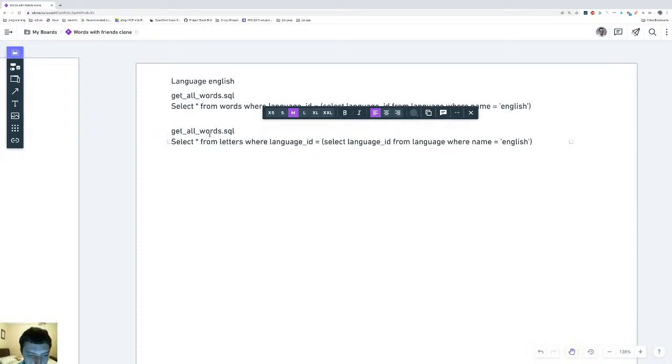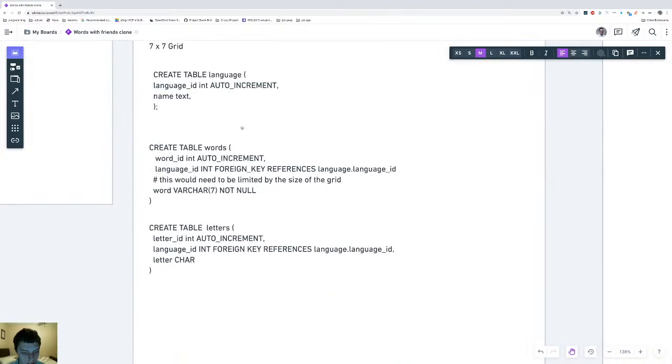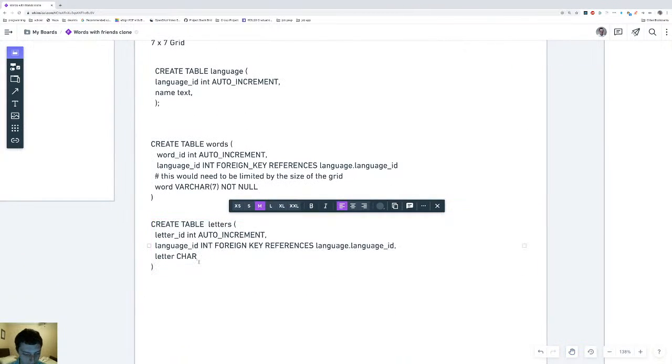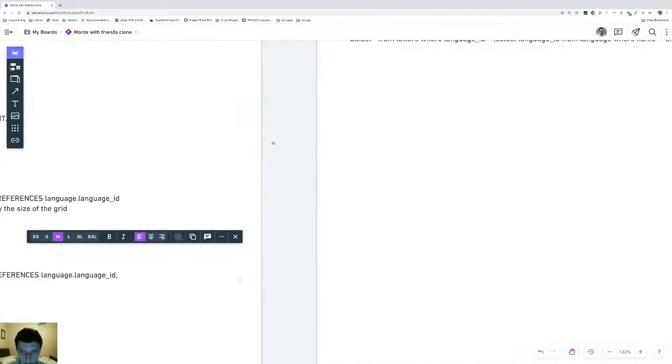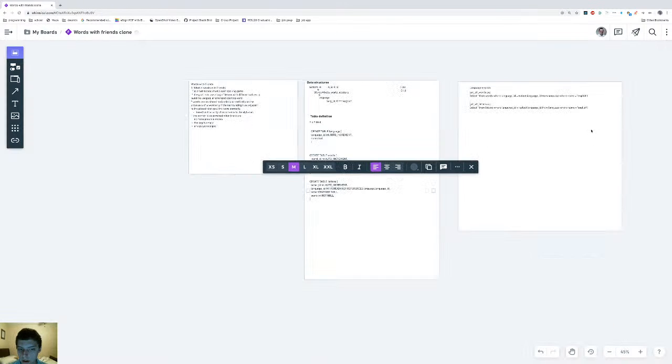So what about get all letters? Each letter has a score. Need these to be not null, right? Because you don't want null letters.